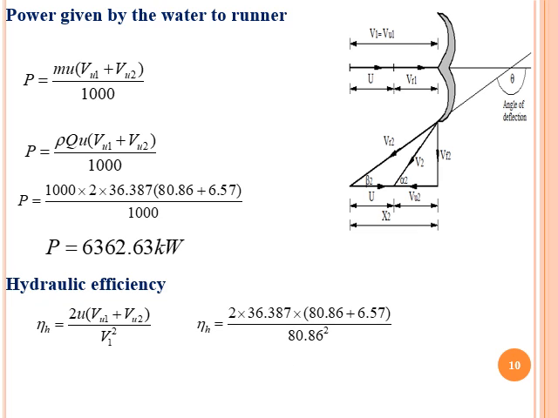Here u is equals to bucket velocity, VU1 is equals to tangential velocity at inlet, VU2 is equals to tangential velocity at exit, then V1 is equals to velocity of jet. So after simplification of this, we will get the hydraulic efficiency is equals to 97.31%.